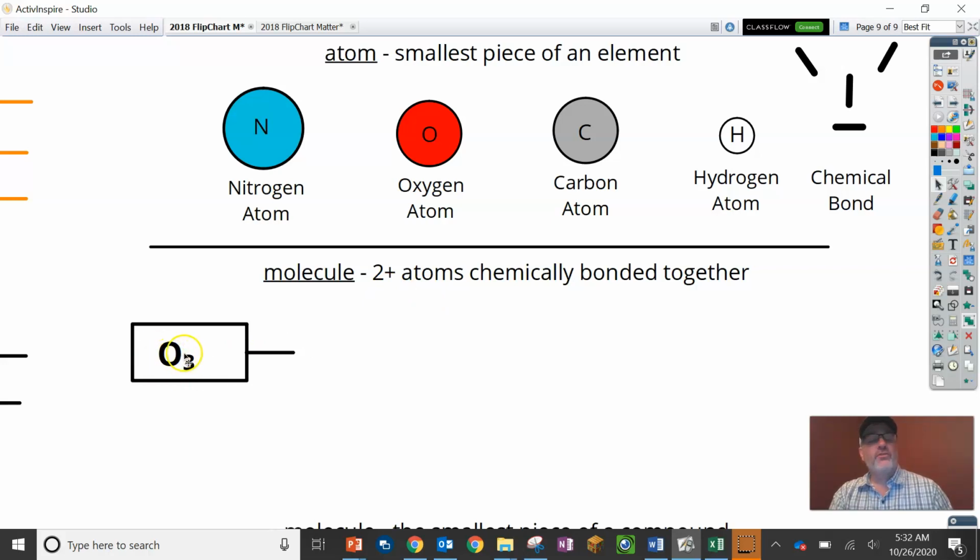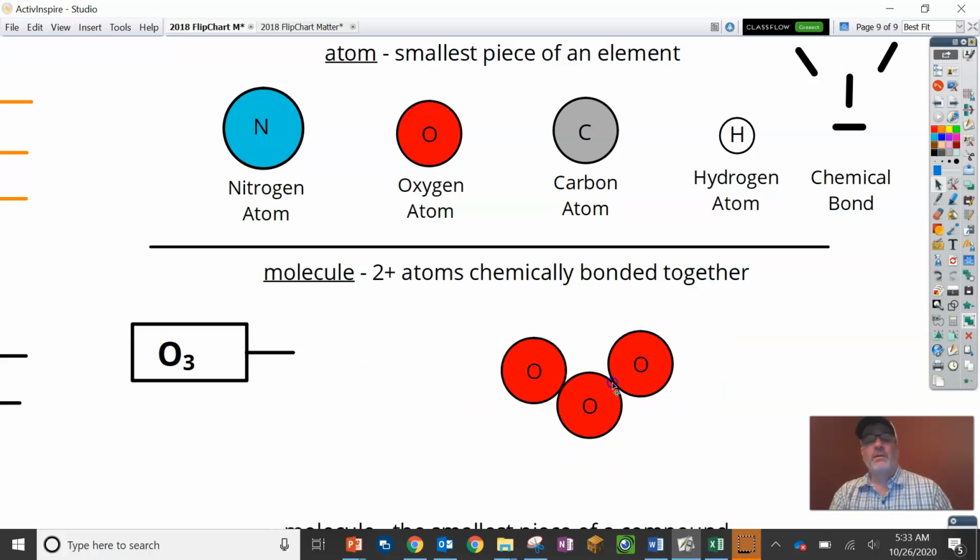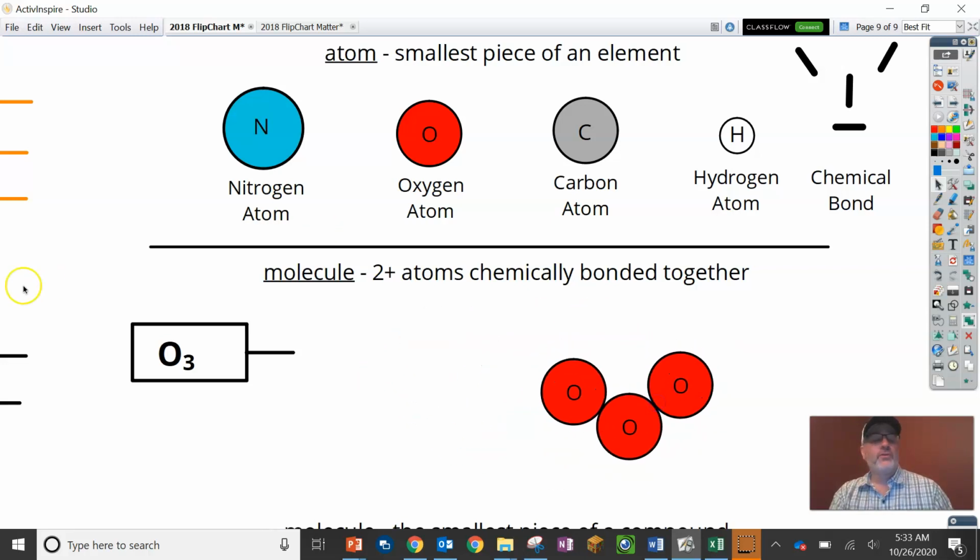So I have only 3 oxygen atoms. So let me grab an oxygen atom. One. And I need 3 of them. And I happen to know that the shape of one molecule of ozone is a little like that of water. It's like a Mickey Mouse. Oxygen often bonds in this shape. So I've now made one molecule of ozone.